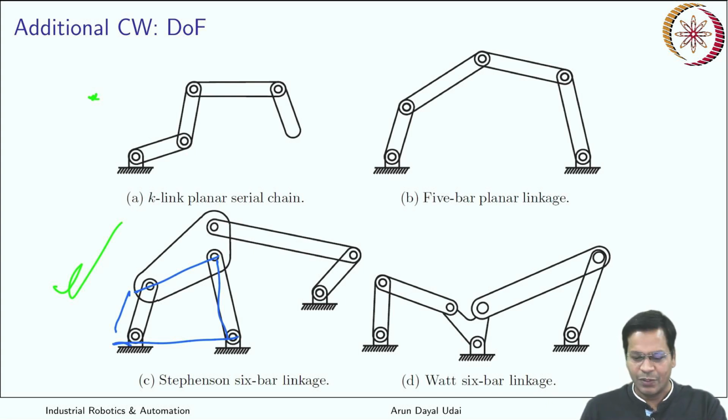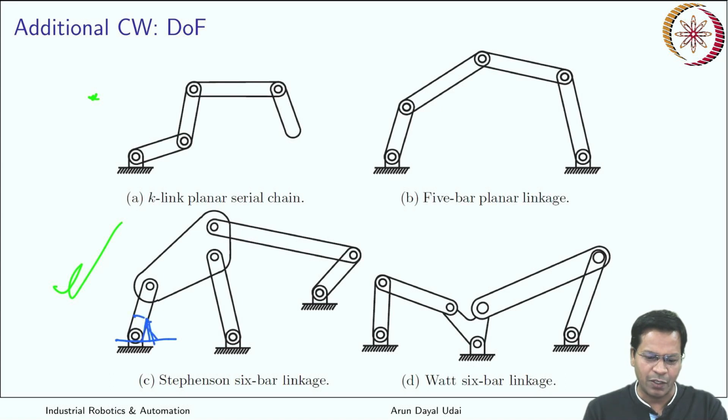Let me freeze this first. I won't allow this to move now. So this point is fixed from the ground. So this distance is fixed because you cannot move this link.